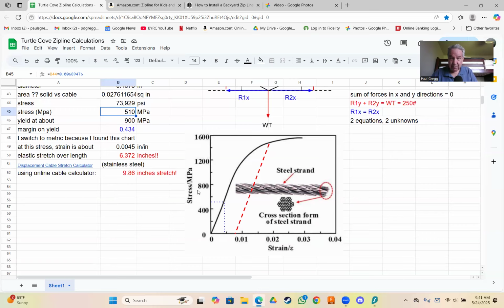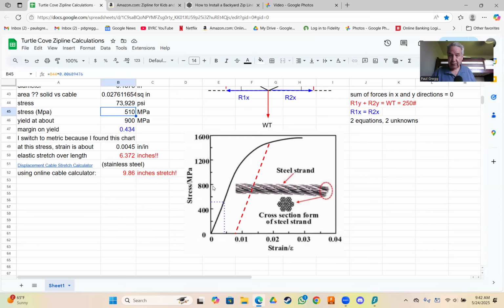When you do a tension test, you pull on it like this, and you're recording two things: the force that it's exerting, and the stretch, or the strain. Strain is just the stretch divided by the original length.